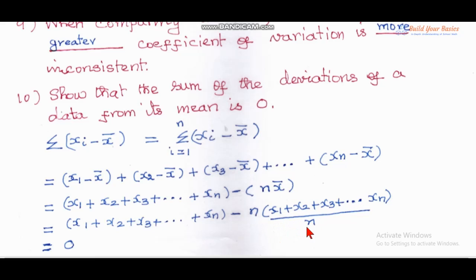N will get cancelled, so we get x1 plus x2 plus x3 plus dot dot dot plus xn minus bracket x1 plus x2 plus x3 plus dot dot dot plus xn. Both the brackets get cancelled, we get 0. So the sum of the deviations of a data from its mean is always 0. That's all.